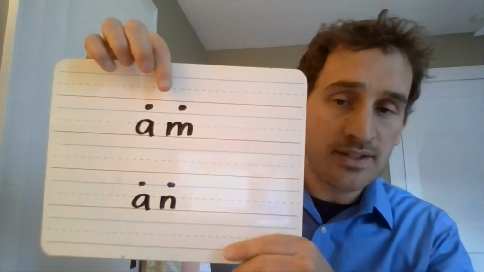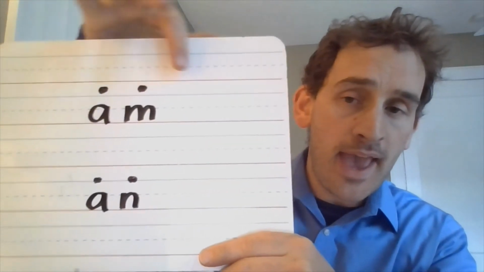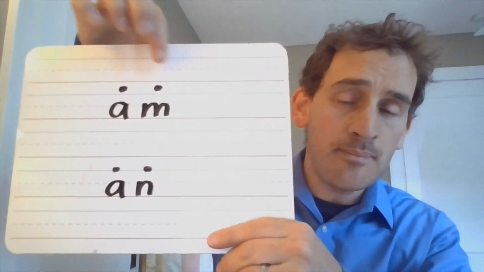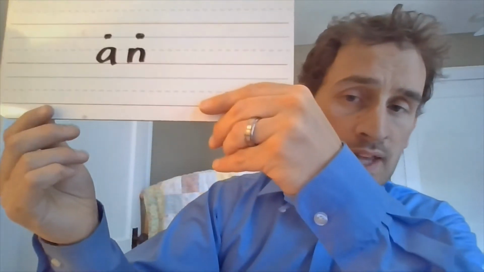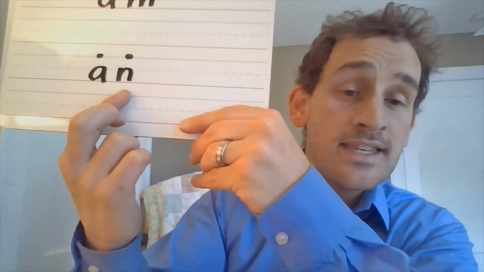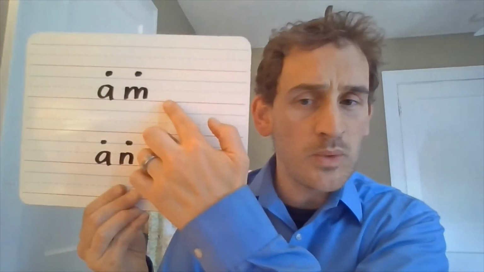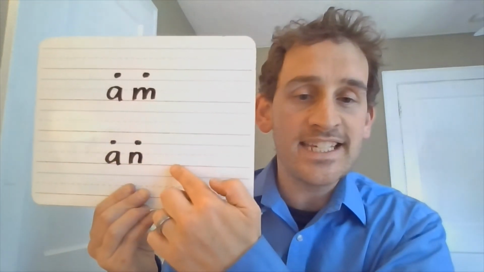As we look at the story today, we're going to notice that in the story I Am Sam, we were focusing on the sound 'm', which looks like this. Am. You try. Am. But in this story, Ann Can, we're going to now focus on this sound, 'n'. Do you see the difference between 'm' and 'n'?